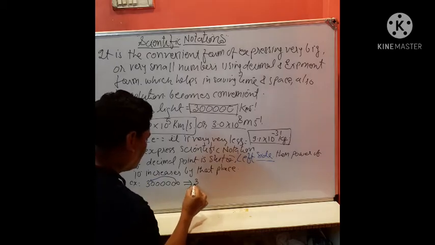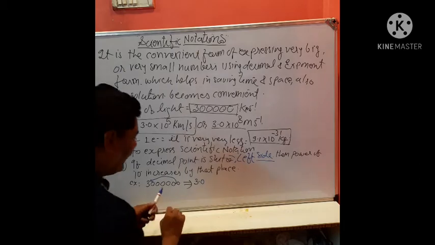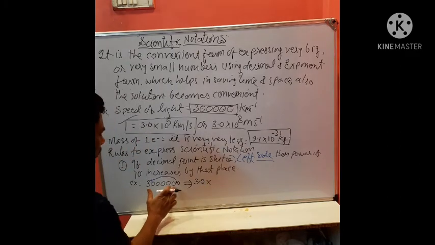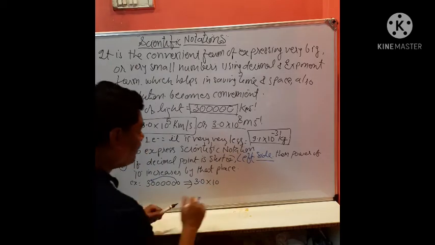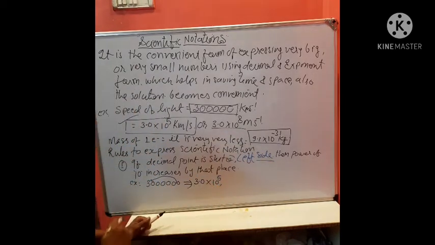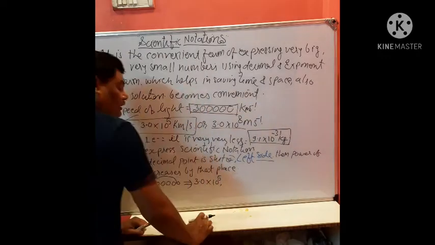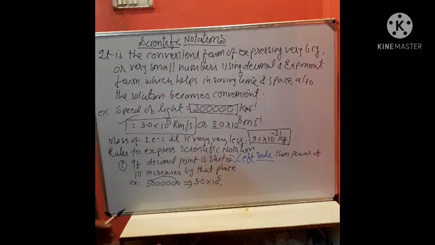Now it becomes 3.0, and how many places is it shifted? 1 2 3 4 5. So simply write 10 and the power becomes 5. This is one of the ways.